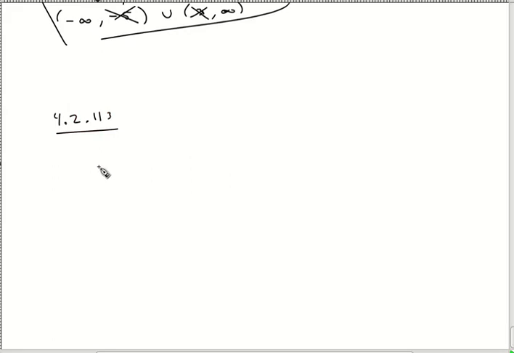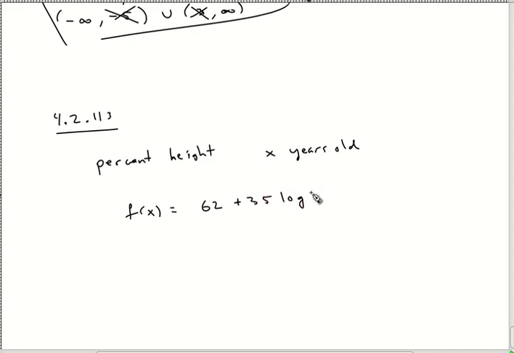This next question says find the percent of height. I think it's like of children or something like that. X years old. Okay, so X is years. And they give me a big old function here. 62 plus 35 log of X minus 4.